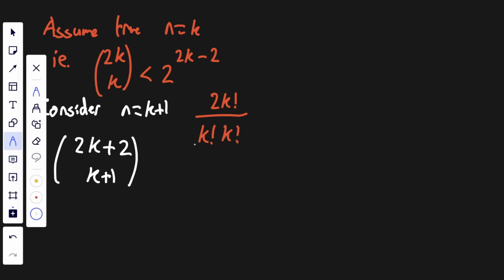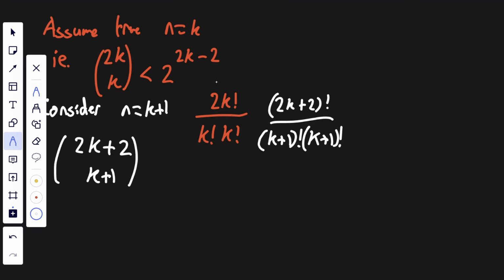Whereas the white one is 2k plus 2 factorial over k plus 1 factorial multiplied by 2k plus 2 minus k plus 1 factorial, so again a k plus 1 factorial. If you're unsure of this formula, search up the nCr formula in terms of factorials. You'll find it out there very easily.